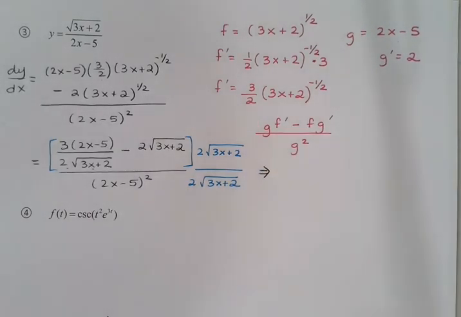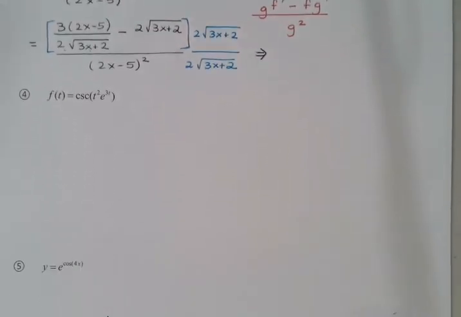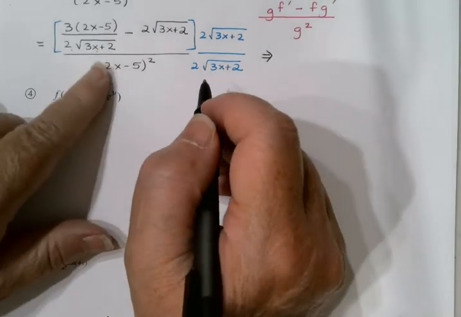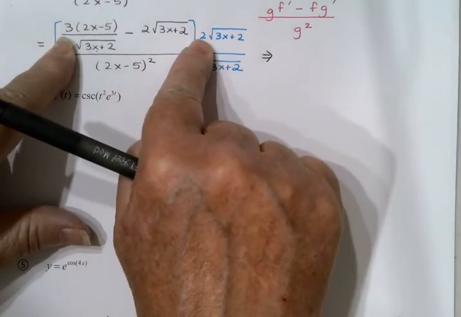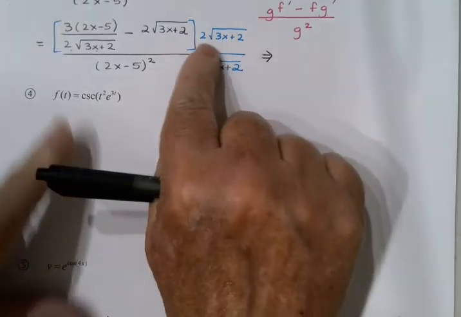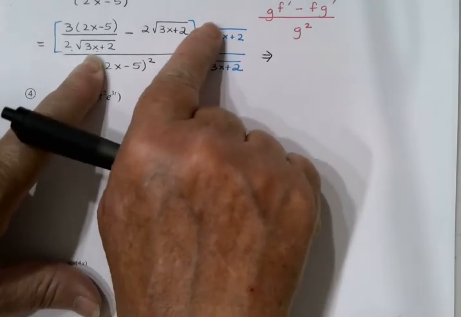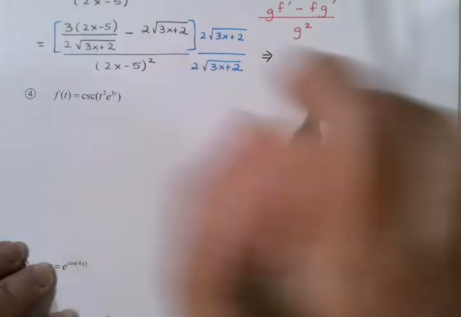Let's see if I can sneak this in without encroaching on the next problem too much. So I'm going to get, let's see here, that'll give me a 6, no, excuse me, I'm going to let the 2's cancel, aren't I? So here the 2's will cancel and the square roots will cancel. Those are just gone. So I'll have 6x minus 15.